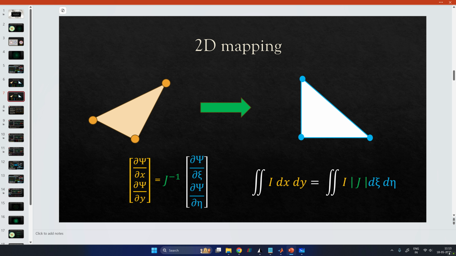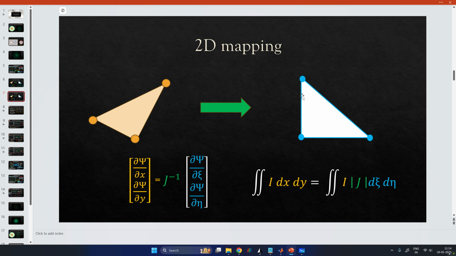For the integration, here we are not dealing with the length but the area. You can think of dx into dy as the area, and d xi d eta is the area of this triangle. So you can just multiply by the determinant, and this scales the area, or the integration, correctly.